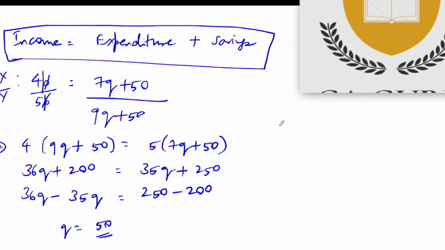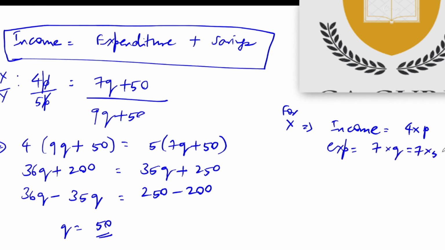Let us take the first one, for X. Income is equal to 4 into P. Expense is equal to 7 into Q, which is 7 into 50, which is 350.